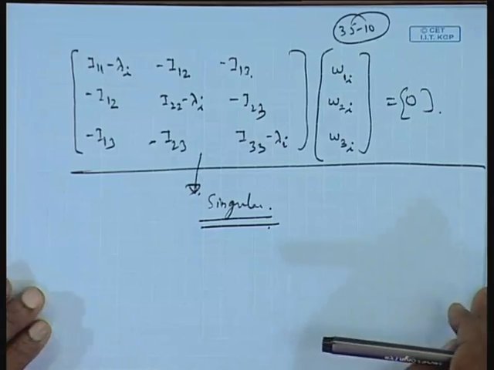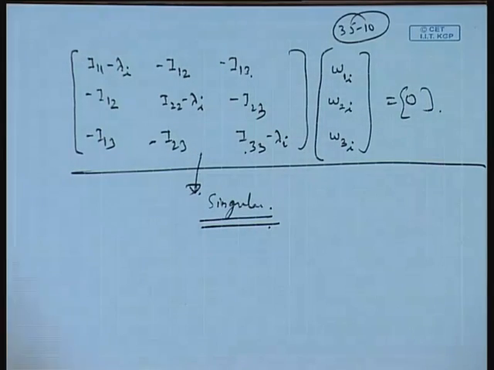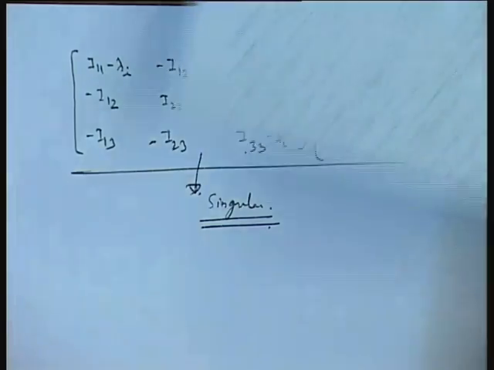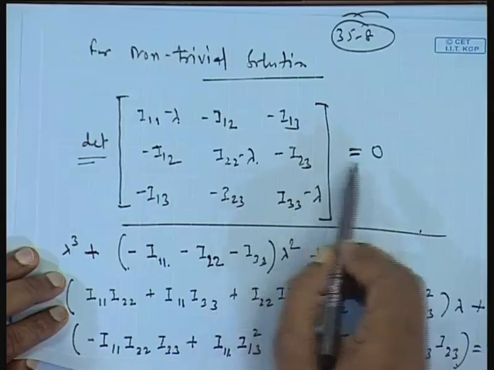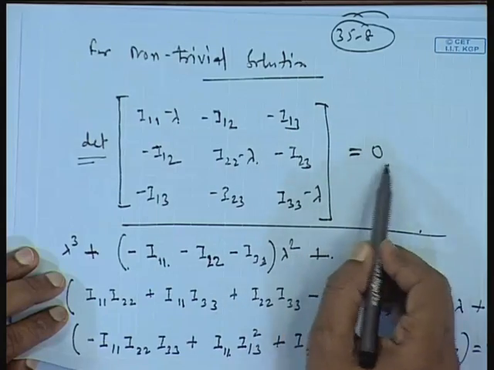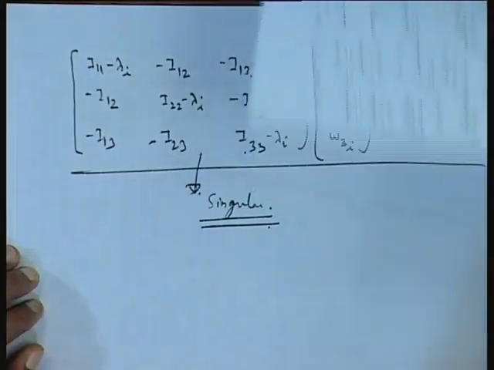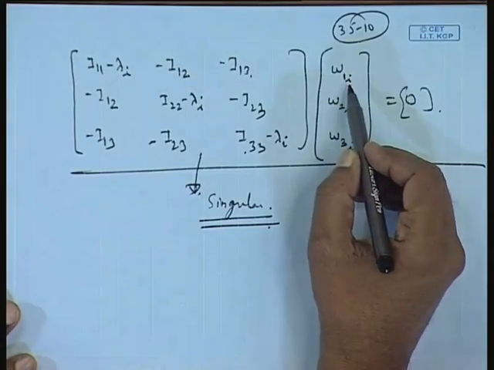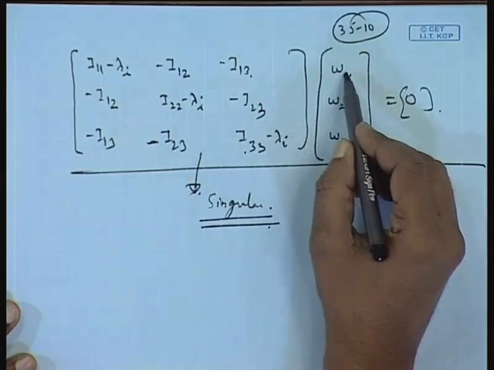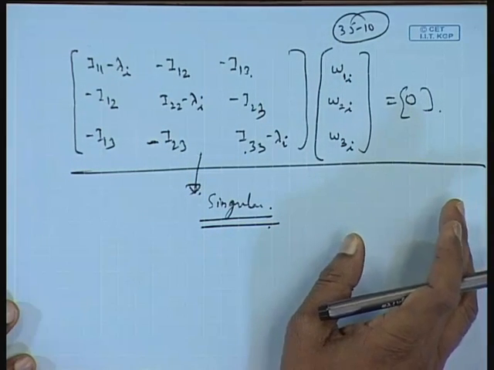What does singular mean? Singular implies that the determinant of this matrix will be 0, and for the non-trivial solution, that is what we did here. We found the determinant, equated it to 0, and then worked out the principal eigenvalues. If this is a singular matrix, obviously you cannot solve for omega 1, omega 2 and omega 3 simultaneously.